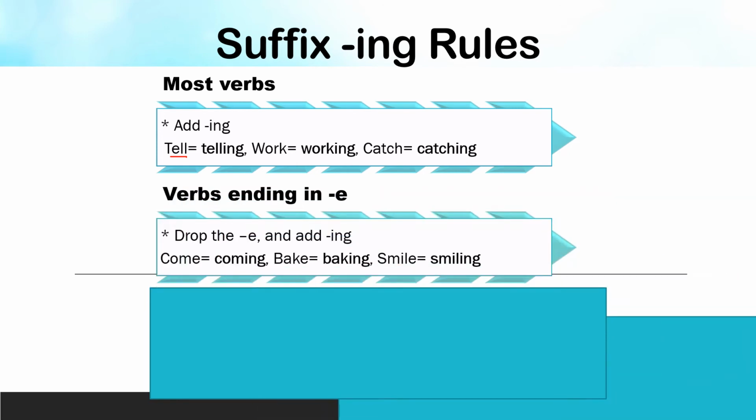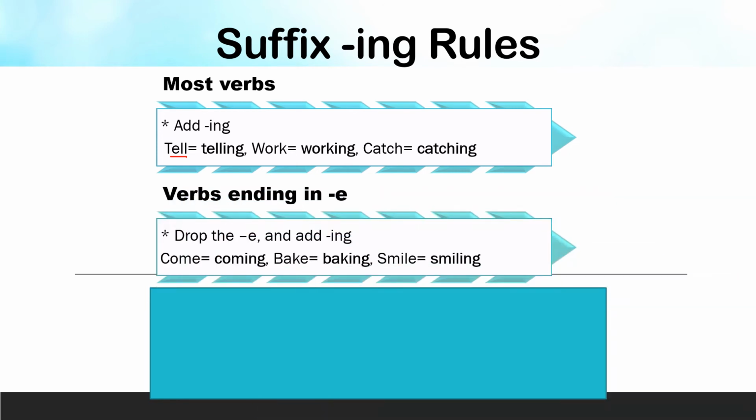The second rule, what happens if the verb ends in the letter E? You're gonna drop the E and add ing. For instance, we have come. Here you can see that we dropped the E and add ing.